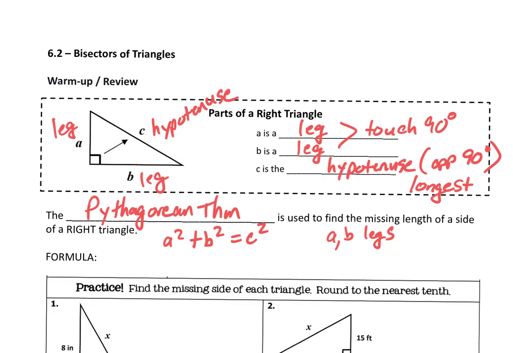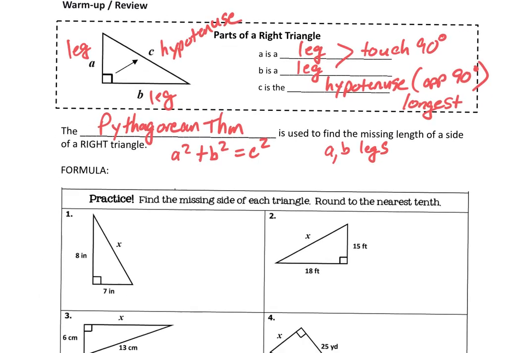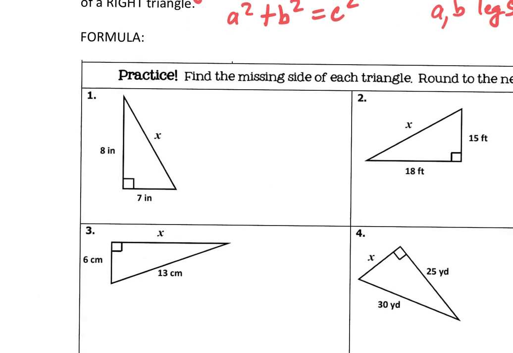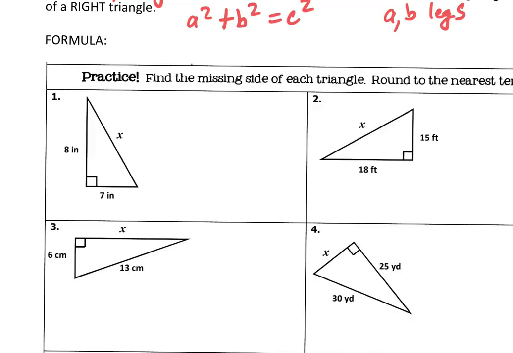We're going to do a couple of problems where we're solving. Basically what we're going to have is a right triangle. We're going to be given two out of the three sides of that triangle, and we're going to try to find the missing side. What would the third side have to be? So right away, I know these two sides, okay?